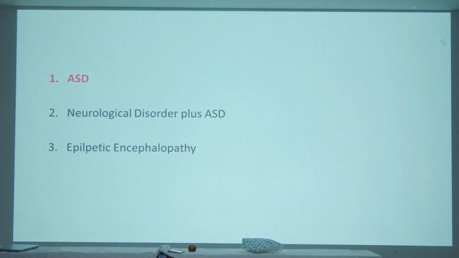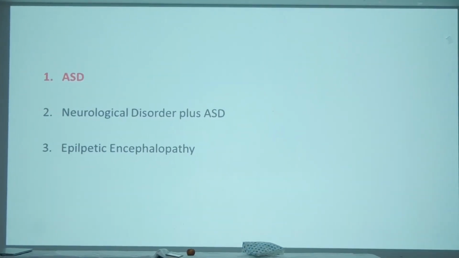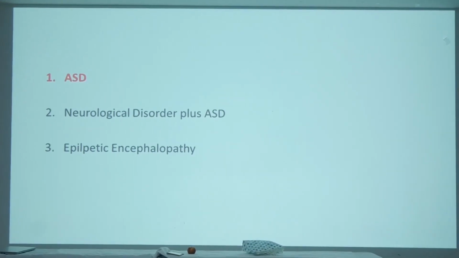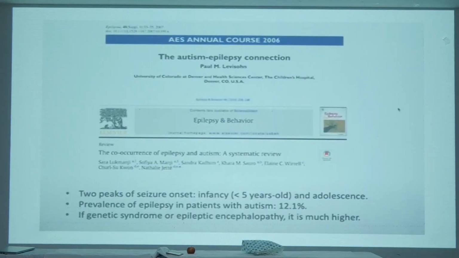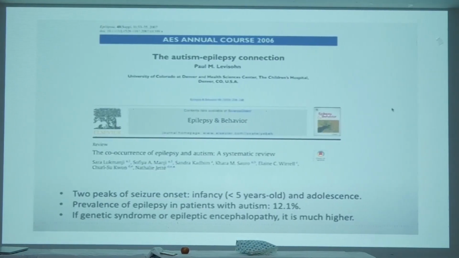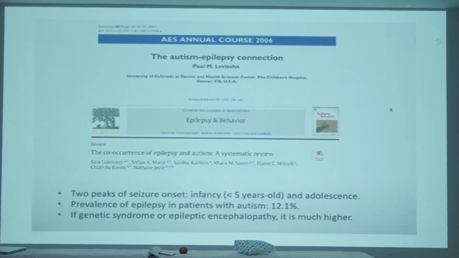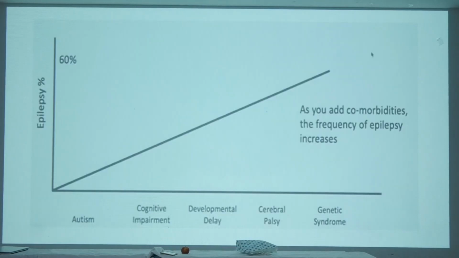So starting with the first group, that is primary autism, where autism spectrum disorder is the primary diagnosis without any underlying neurological condition, without any underlying genetic disorder. The prevalence of epilepsy in this particular subgroup is approximately 12%, and it has two seizure peaks, one in infancy and another in the adolescent age group.